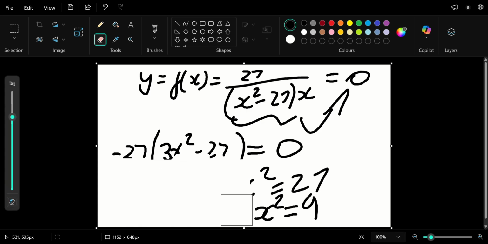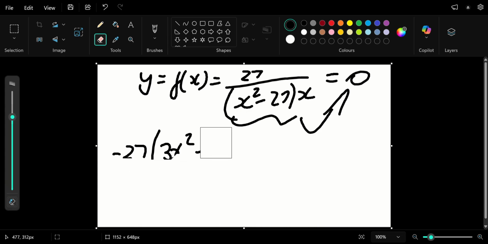Let's find our y coordinates. Essentially just substitute plus and minus 3 back into the main function above.